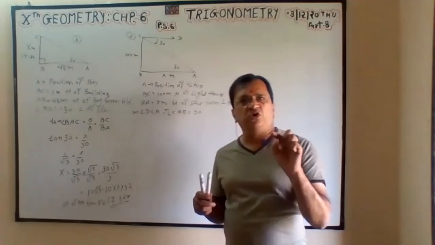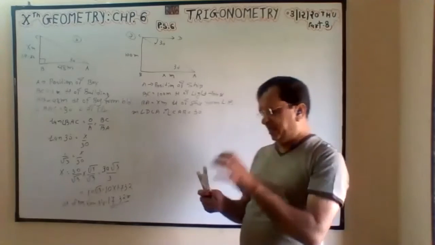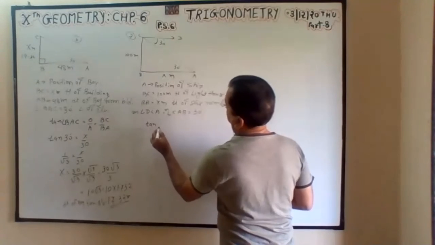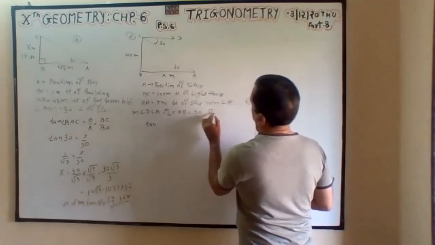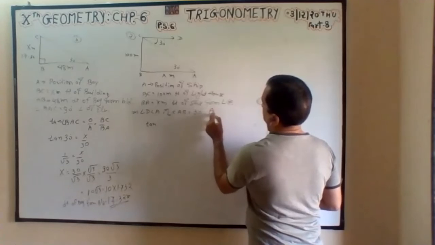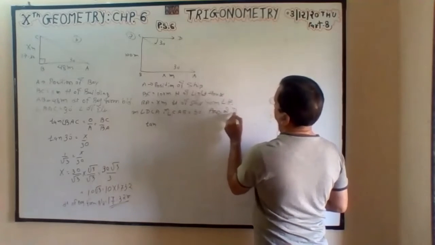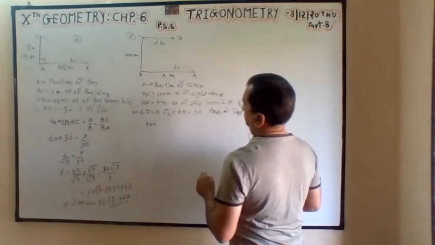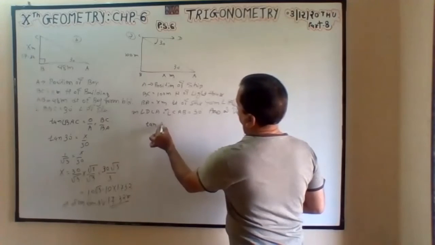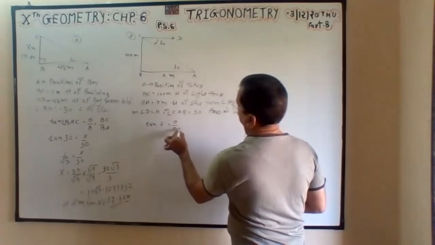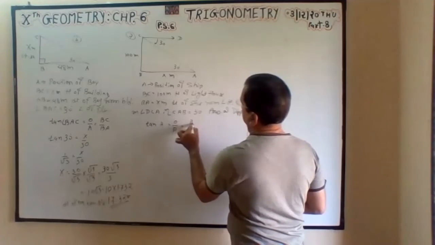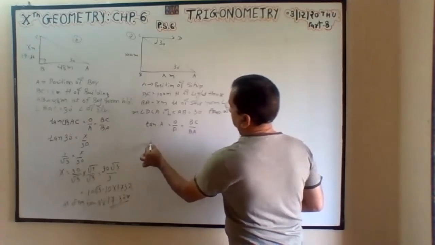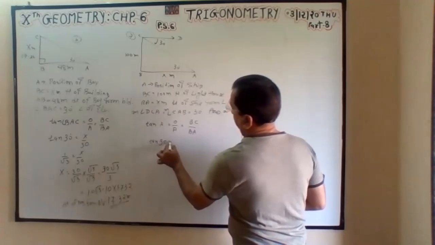Rest of two sides, only tan and cot. Again, we will take tan only. So tan angle of depression. Tan A, opposite by adjacent. Opposite BC, BA. Tan 30.